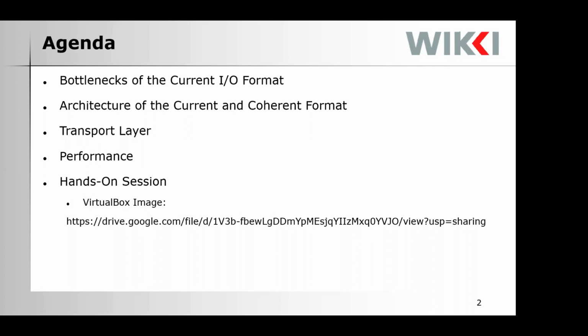Then the transport layer. So how do we manage to get data to the file system? Some words about performance, and then there will be a hands-on session where I prepared a VirtualBox image.